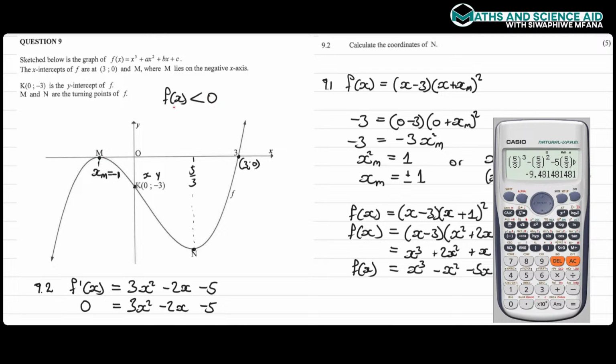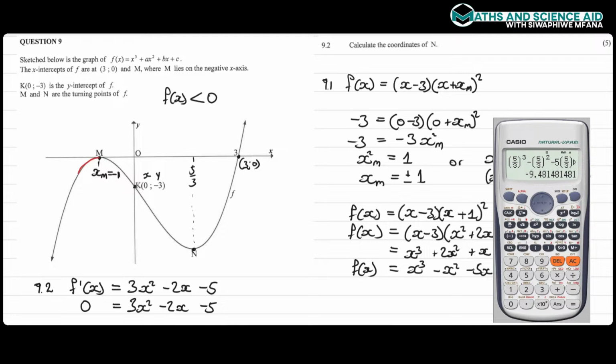So it's very simple. f of x is less than 0. Graphically, it means that you need to look into your graph where it is below the x-axis, because less than 0 means negative. So the y values of f will be negative below the x-axis.